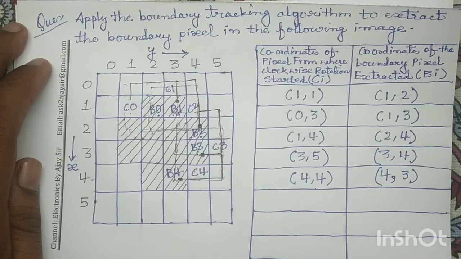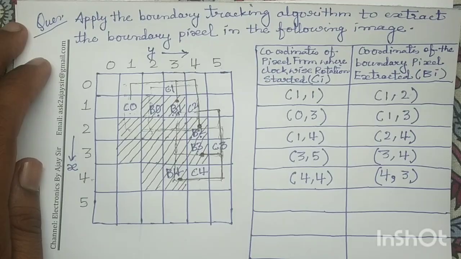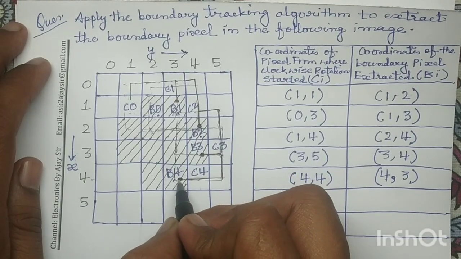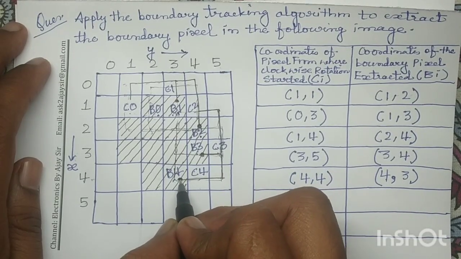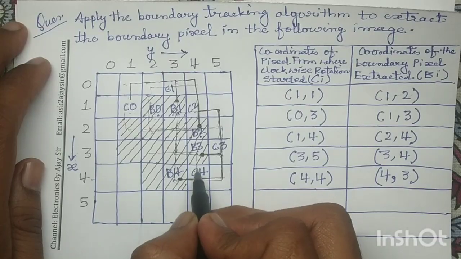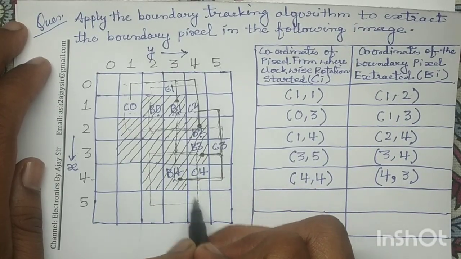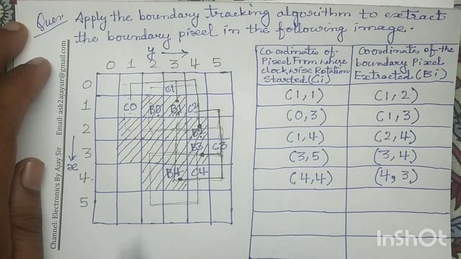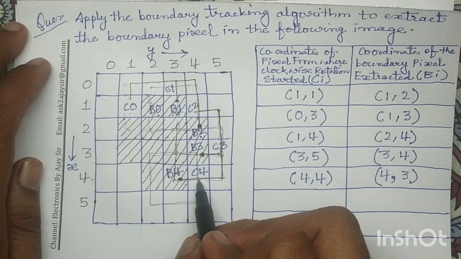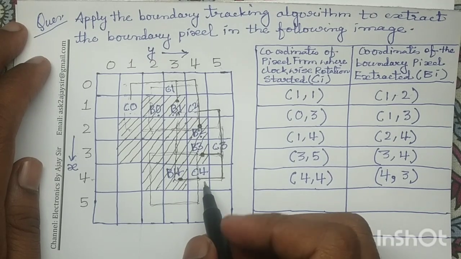Right? Now in the fifth iteration, we will target the 8 neighborhood pixels of B4. And from C4, we will start moving in the clockwise direction and observe what is my next boundary pixel that we will reach.